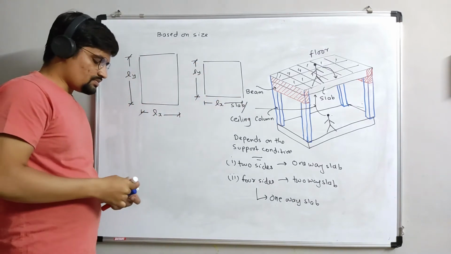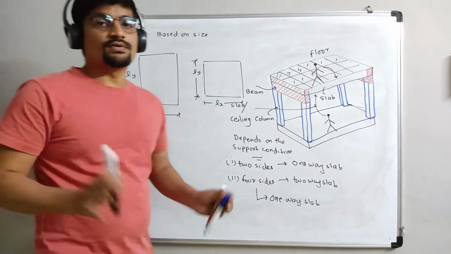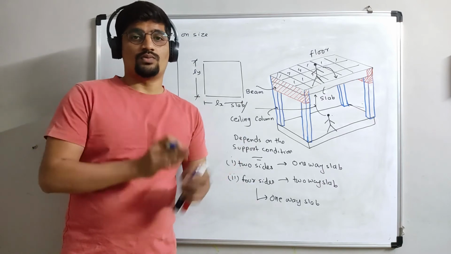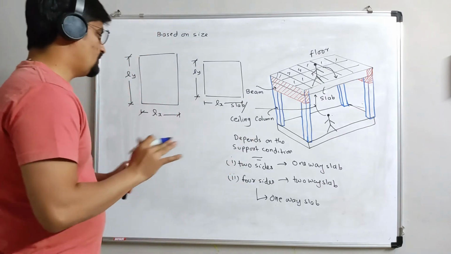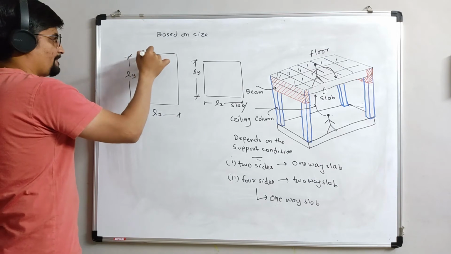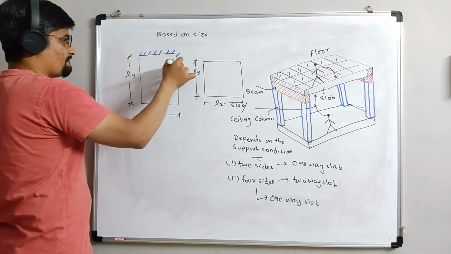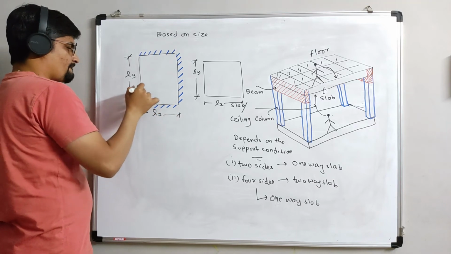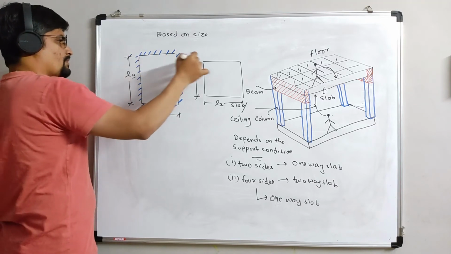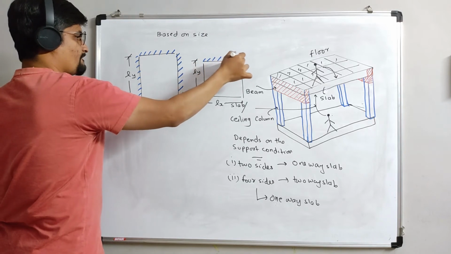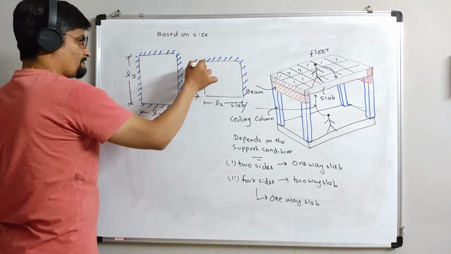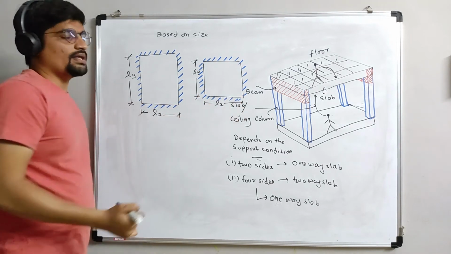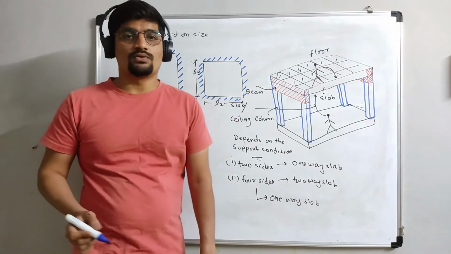Now, if it is supported on all four sides, how can we differentiate between a one-way slab and a two-way slab?